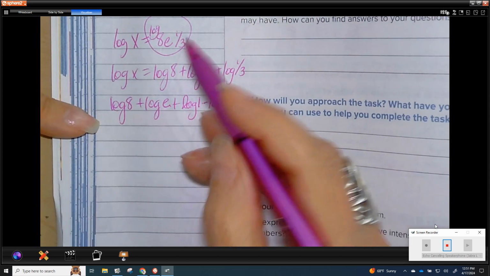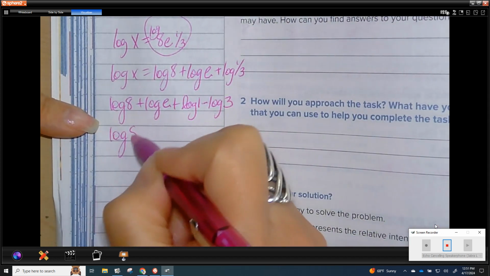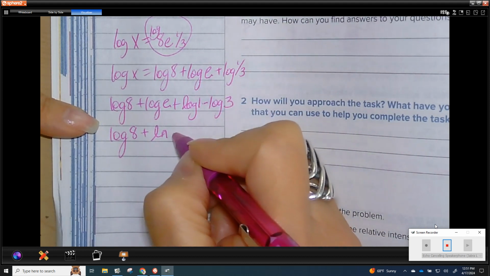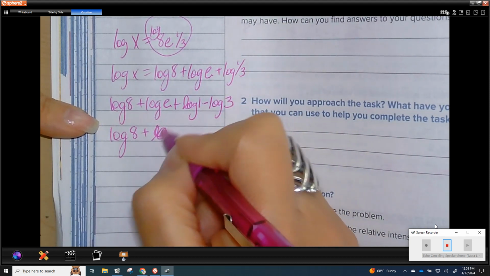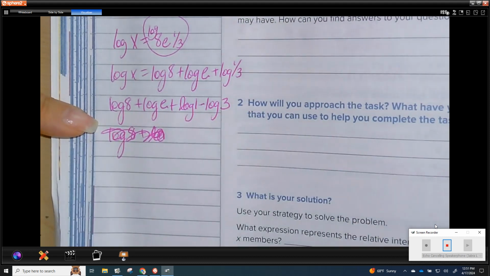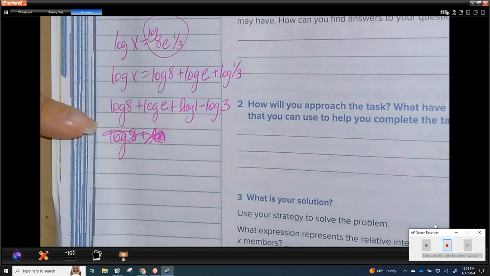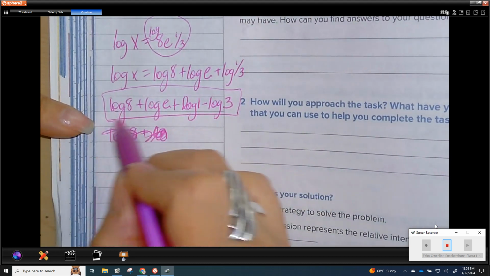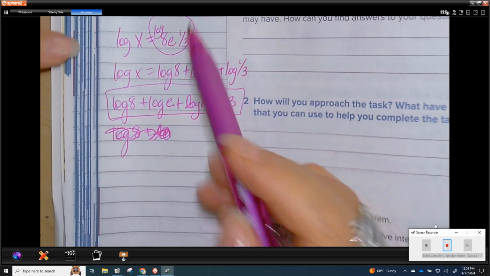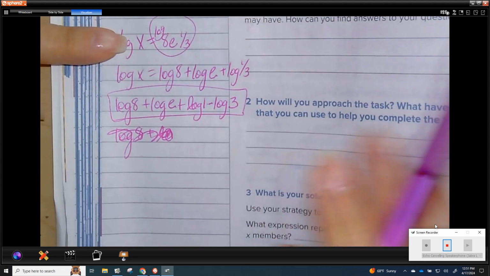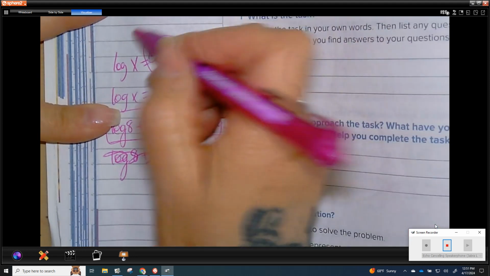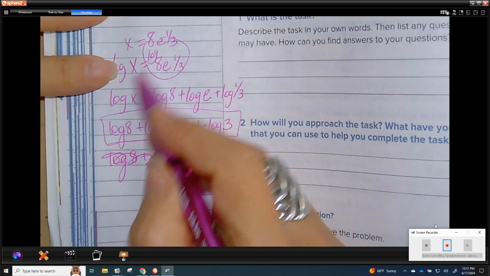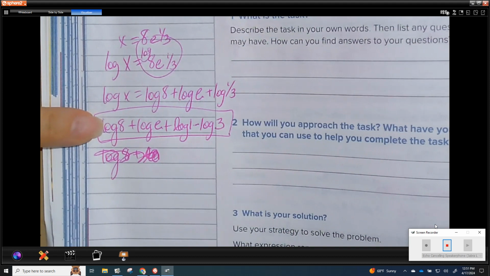Log of e is typically not written like that. Oh, no, it's not. Sorry. The base is not e. The actual answer is e. So that's not ln. Okay, so that's expanding the log. If you have just x equals 8e times 1/3, then you can write log in front, and then you get this expanded.